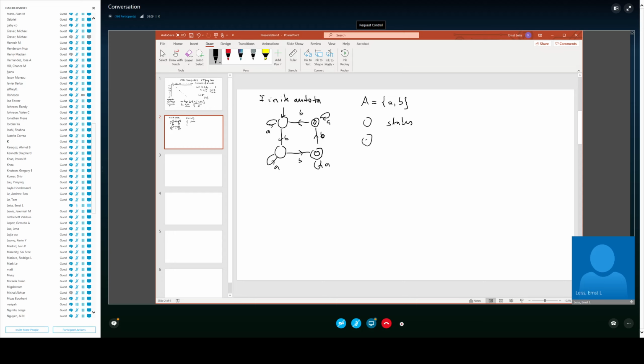We have double circles. These are final states. We'll get to what that means in a minute. We have a single state that has an arrow going into it. It is called the initial state.